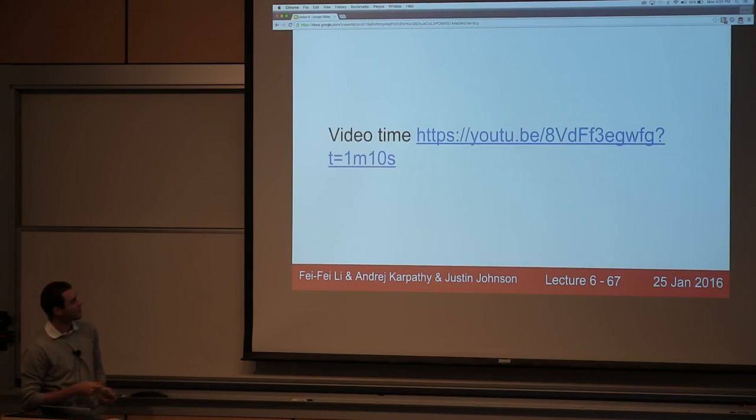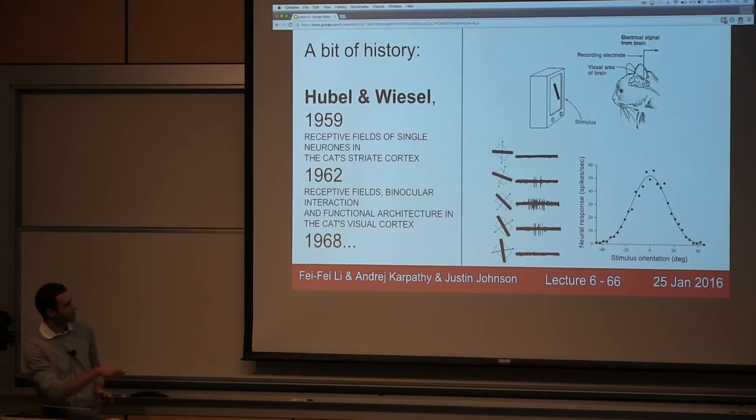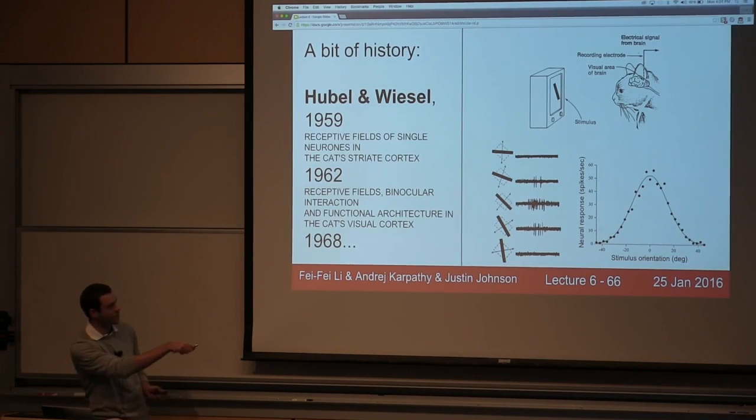And they also figured out that there was an entire hierarchy. There were what are called simple cells, and they responded to a particular orientation of an edge. And then there were all these other cells that had more complex responses. So for example, some cells would turn on for a specific orientation, but were slightly translationally invariant. So they didn't care about the specific position of the edge, but they only cared about the orientation.